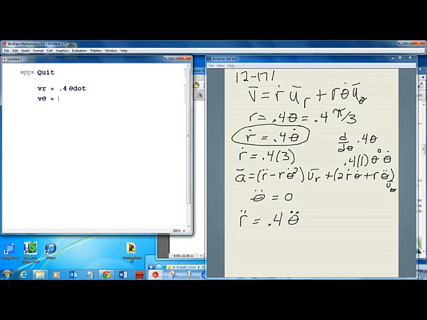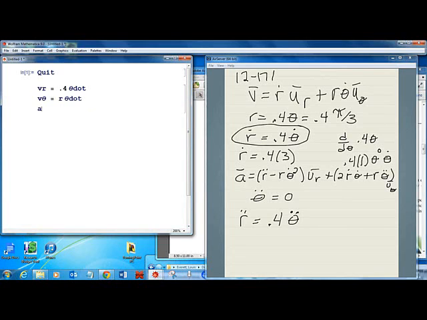No, because I'm not going to solve for it. I already know the numbers. I'm just going to plug in. I don't have to solve anything simultaneously. So V theta is R times theta dot.